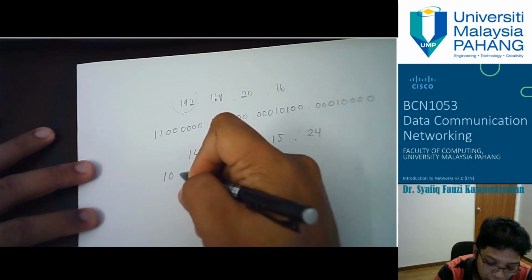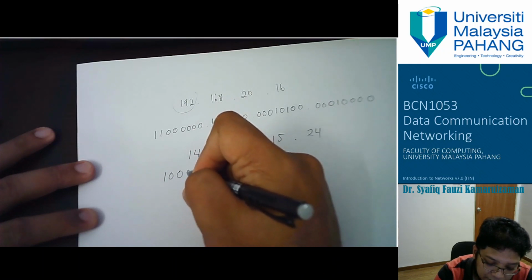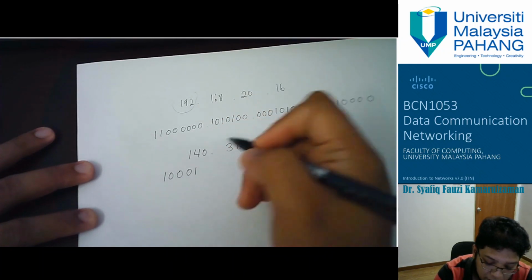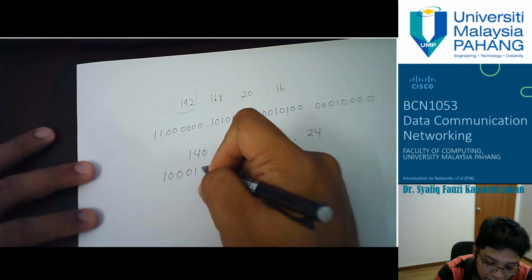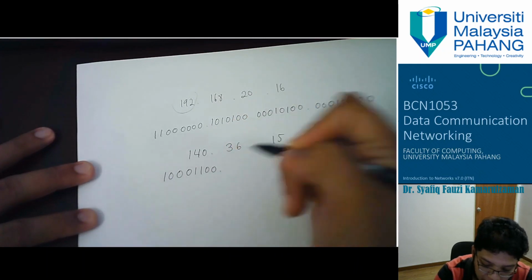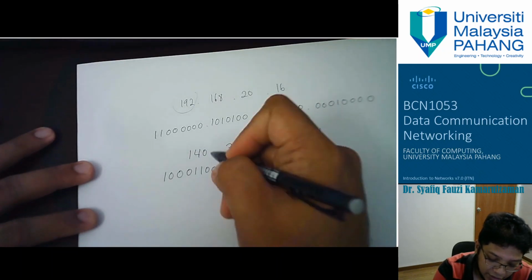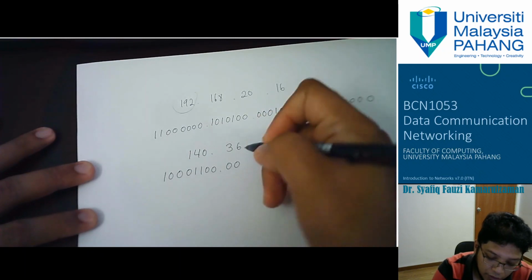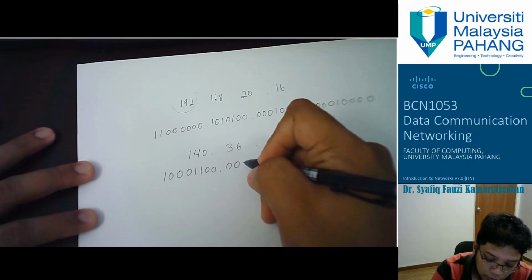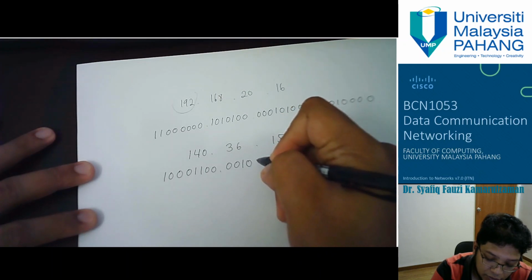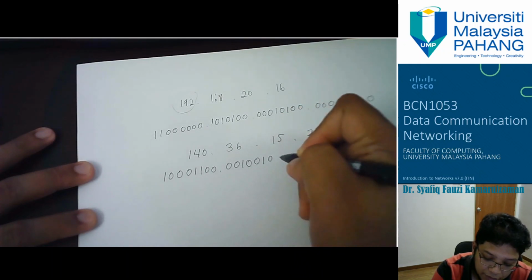So you don't have 64, 32 or 16, but because your remainder is 12, you have 8, and then the remainder 4, so 8 and 4. Then you finish with zeros. Then we go to the second octet, 36. You don't have 128 or 64, you have 32, and the remainder is 4. So you don't have 16 or 8, you have 4, you don't have 2, you have 1.